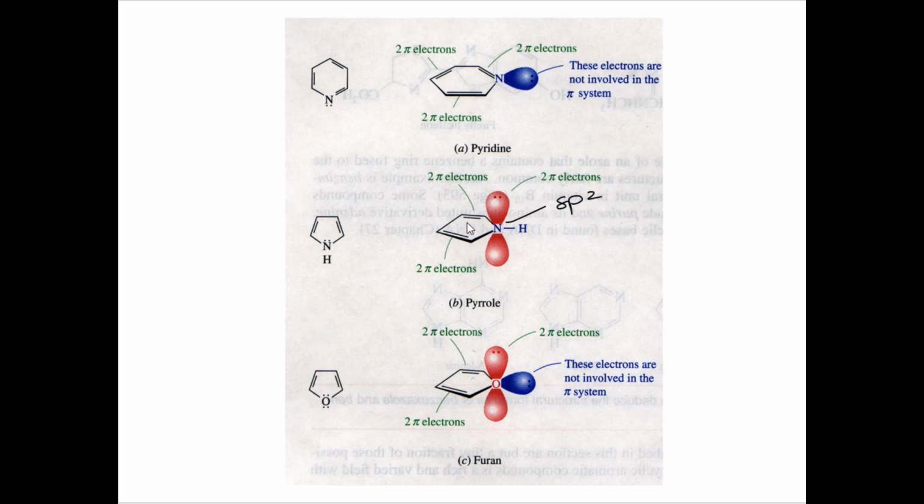And when it does that, what happens? Well, all of the ring atoms become sp2 hybridized for this pyrrole.